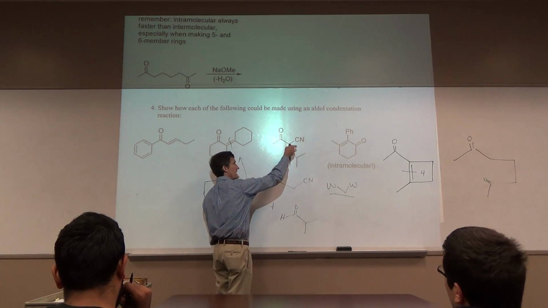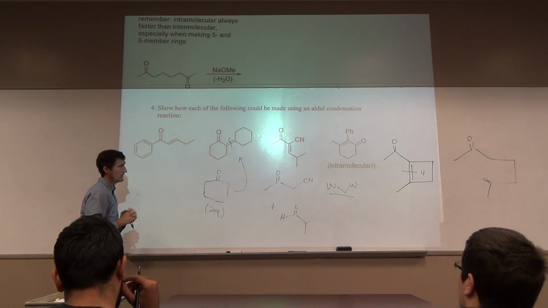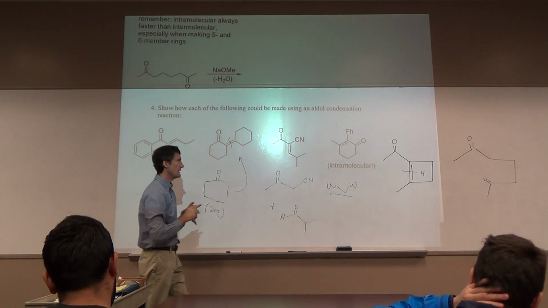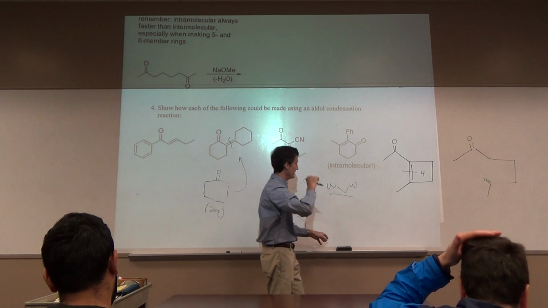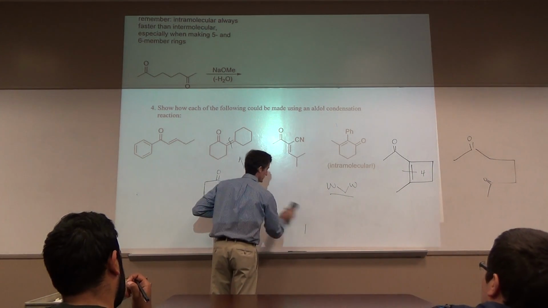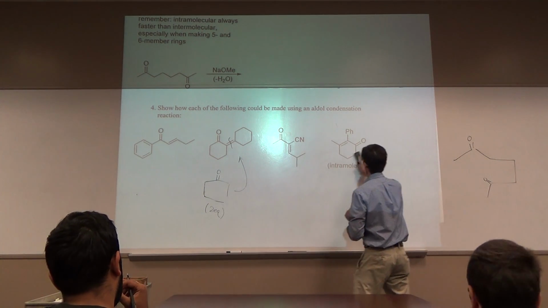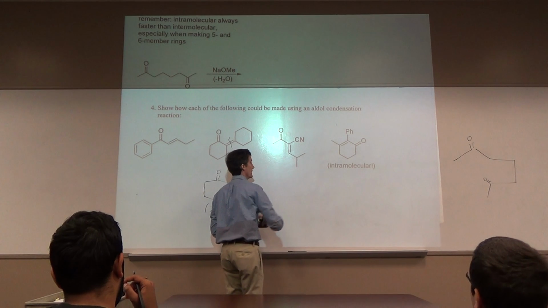Also, your double bond is conjugated with both the carbonyl and the nitrile. That's close to superglue, although it's different, but it's getting close to superglue. That's only handout. How about this guy over here, intramolecular?